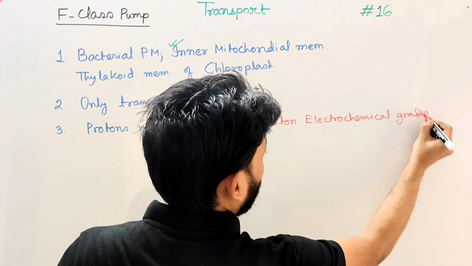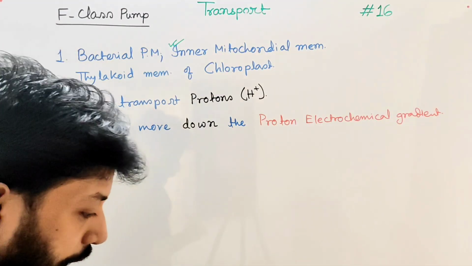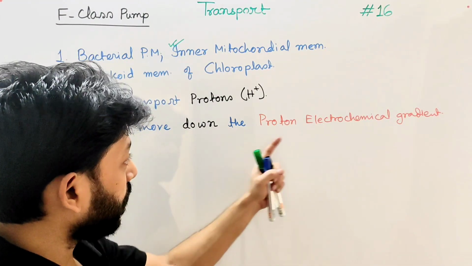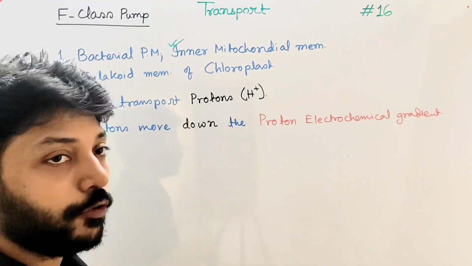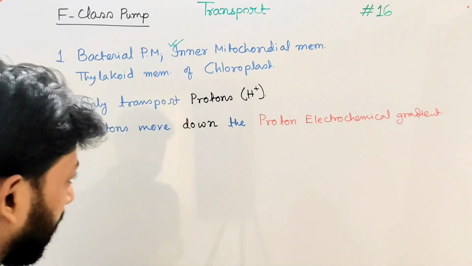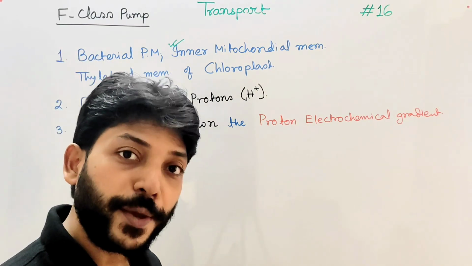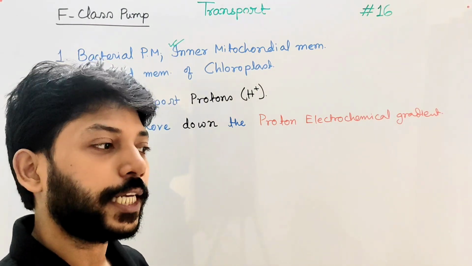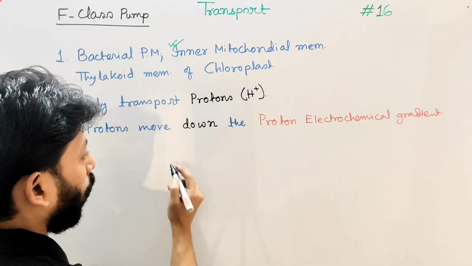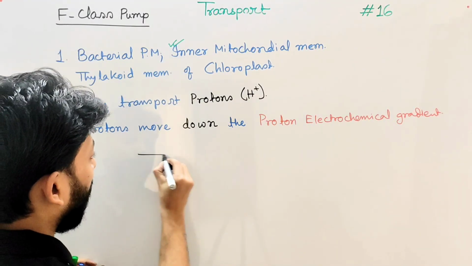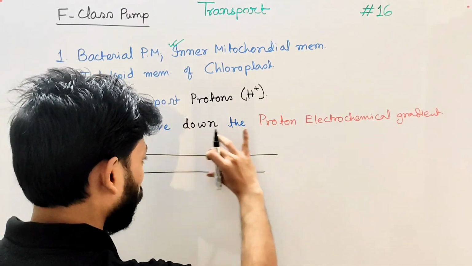Now we have to understand this factor, proton electrochemical gradient, at first, because this information is so important for the functioning of F class pump. To understand what is proton electrochemical gradient, I have to draw a membrane. It could be a plasma membrane, but suppose this is a membrane. And we know that all biomembranes have a lipid bilayer.